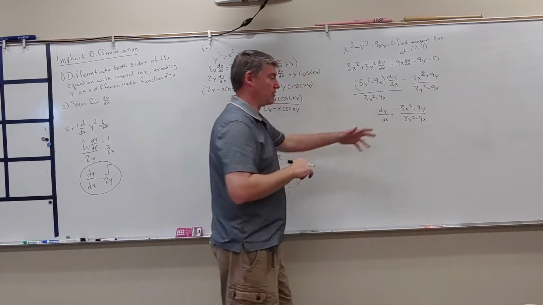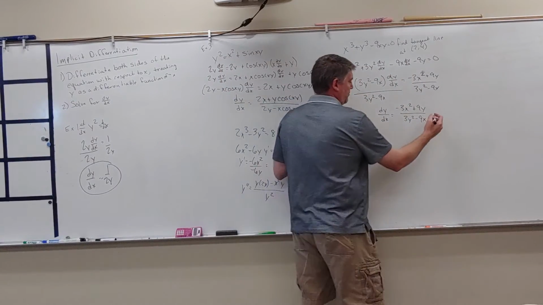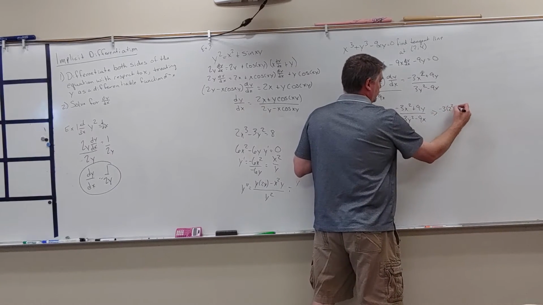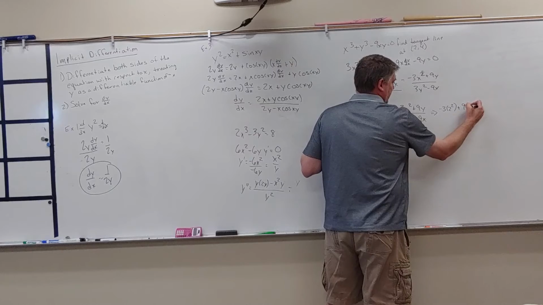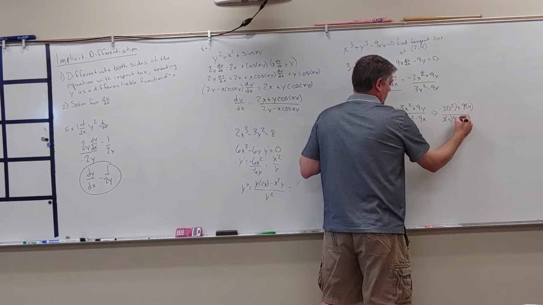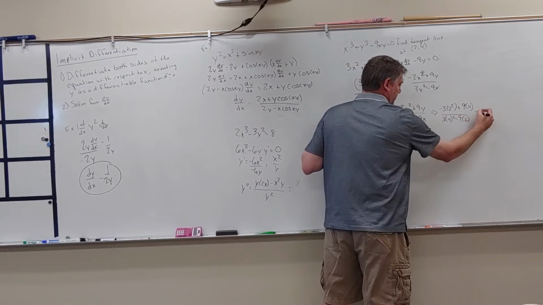Now I'm going to plug in 2 and 4 into this to find my slope. So I'm going to plug in negative 3 times 2 squared plus 9 times 4, over 3 times 4 squared minus 9 times 2.